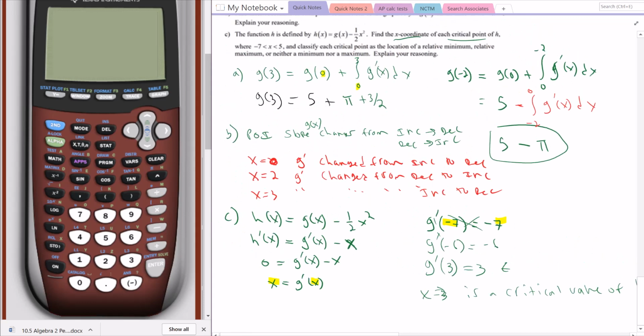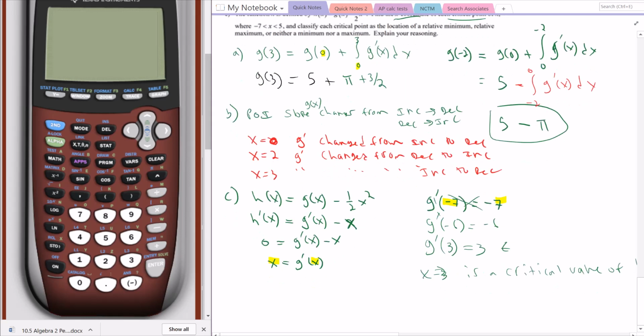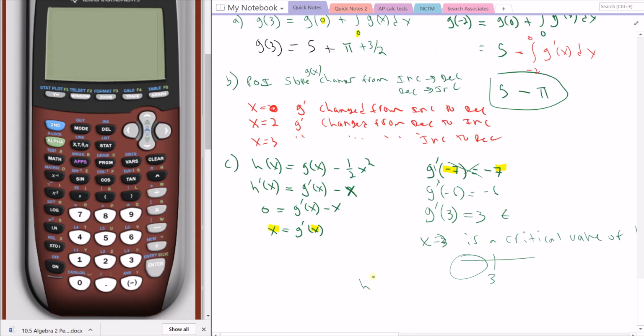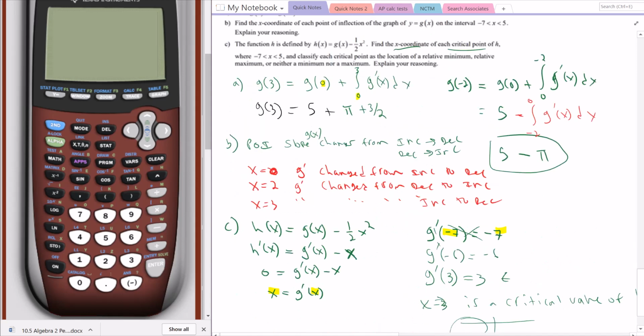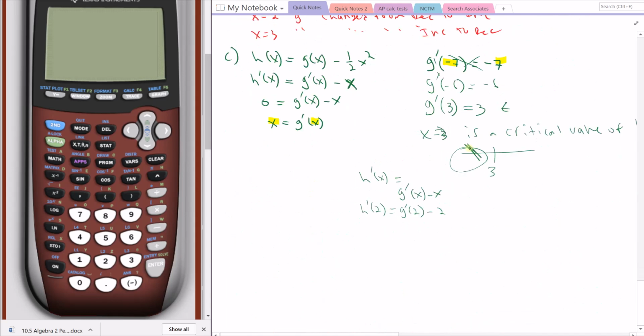And then we need to determine if it's a relative min, relative max, or neither. The idea is we need to put 3 there and then check on each side. So let's choose 2, and remember h prime of x is g prime of x minus x. If I plug in 2, I get g prime of 2 minus 2. Is that positive or negative? G prime of 2 is 0, minus 2 is negative, so it's going down.